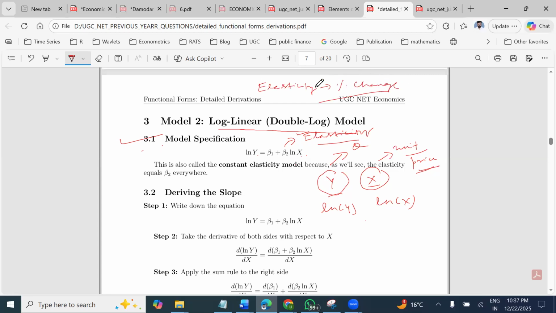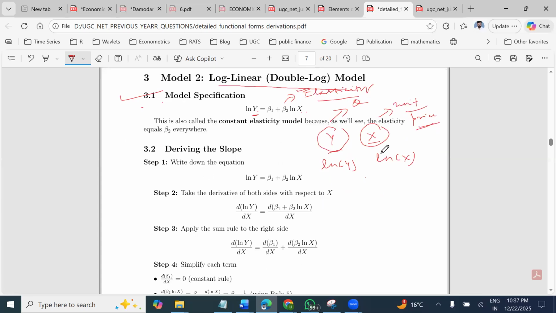Now you tell me, Sangeeta, do you know why economists are obsessed with finding the rate of change? Can you tell me the different types of rate of change?